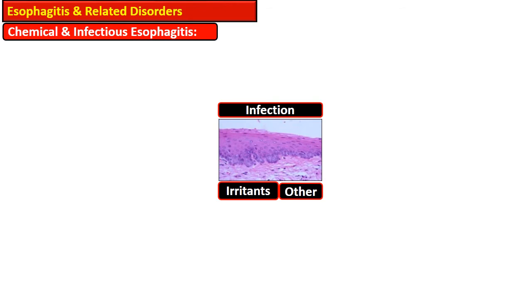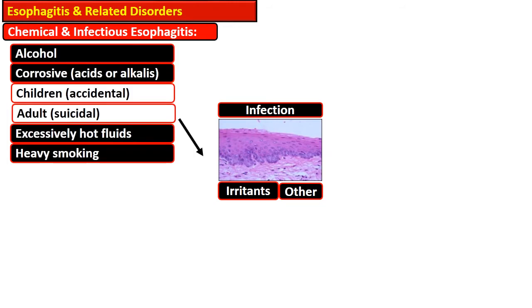In chemical and infectious esophagitis, the esophagus is lined by squamous epithelium, and this squamous epithelium may be damaged or insulted by infection, irritants, and other causes. The irritants are alcohol, corrosives such as acids or alkalis, excessively hot fluids, and heavy smoking.